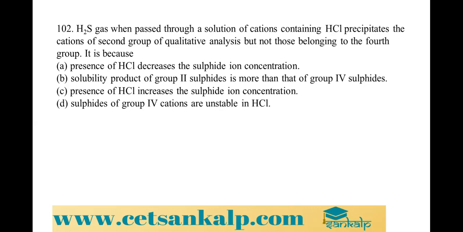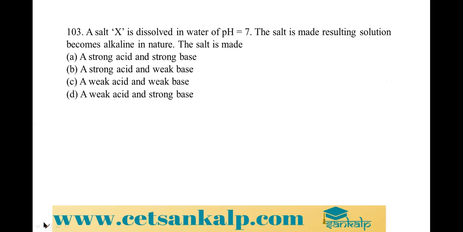Solubility product of group 2 sulfides is more than that of group 4. Group 4 cations are unstable in HCl. Next, the fourth group needs a higher oxidation state. So which option is it? That's going to be option A only.